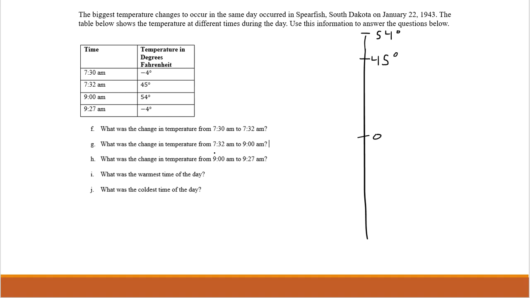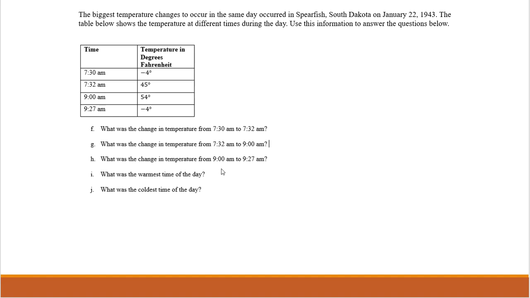So if we're trying to find the temperature change between 7:32 and 9 a.m., we would take 54 and we would find the difference between that and 45. So that is going to be 9 degrees. That was the change.